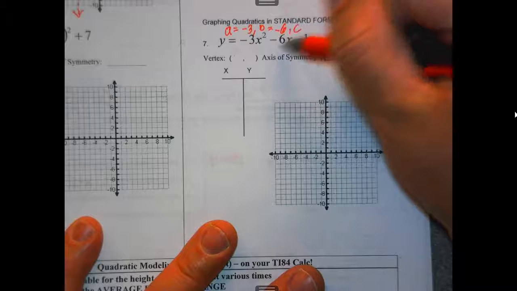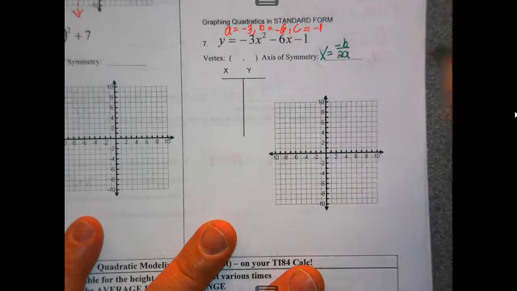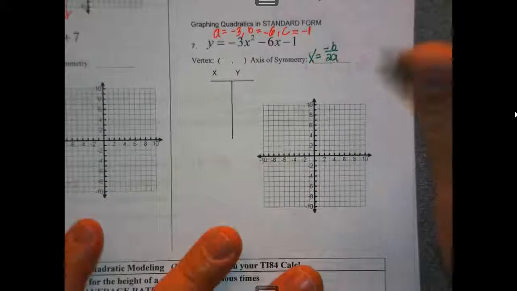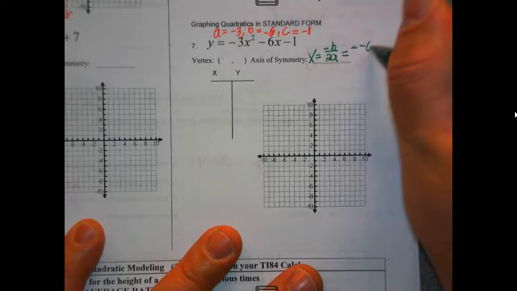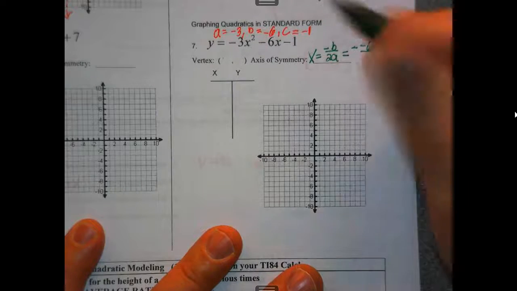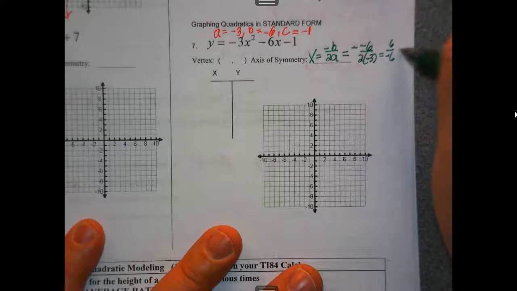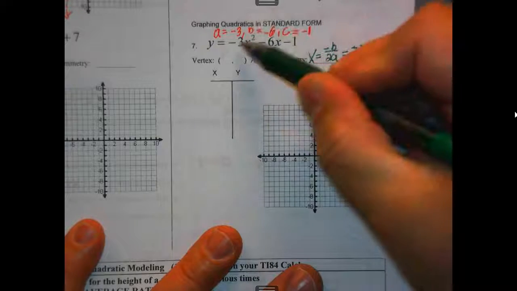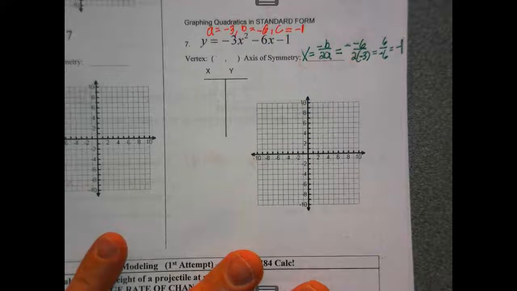Yeah, -6 here. Oh. A is -3. Not even what?